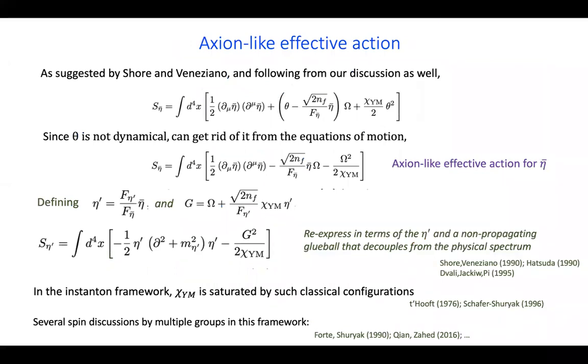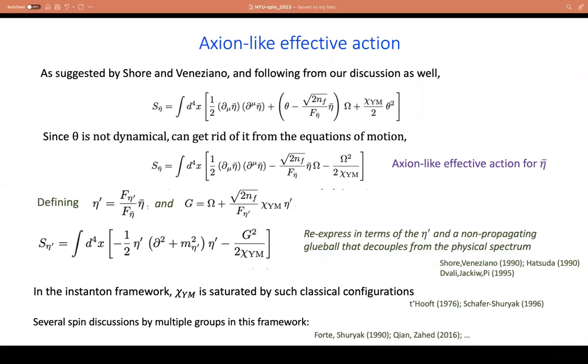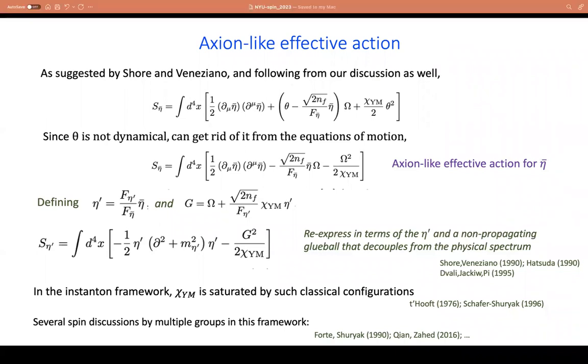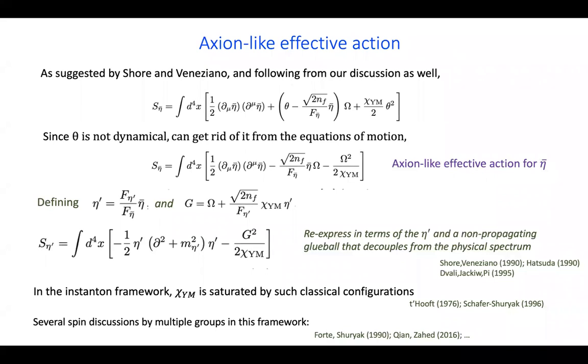What you do is a field redefinition, and you can similarly do a shift of omega by this object here. Then you can re-express this whole thing in terms of the massive eta prime and a non-propagating glueball. If you look at Shore and Veneziano's paper from 1990, that's precisely what they did. This G is a glueball which has no kinetic term, so it's just a normalization of the overall action. You can set it to 0.